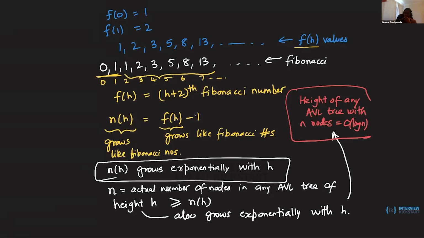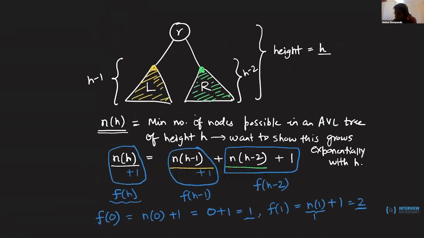Could you quickly recap what motivated us to look for AVL trees rather than the complete binary search tree?